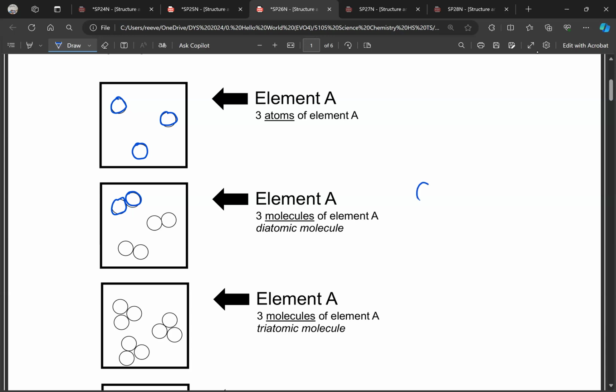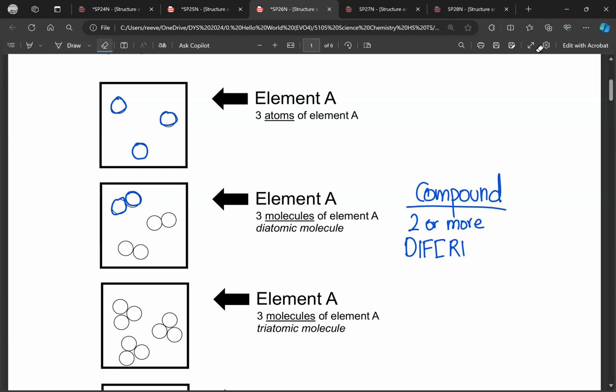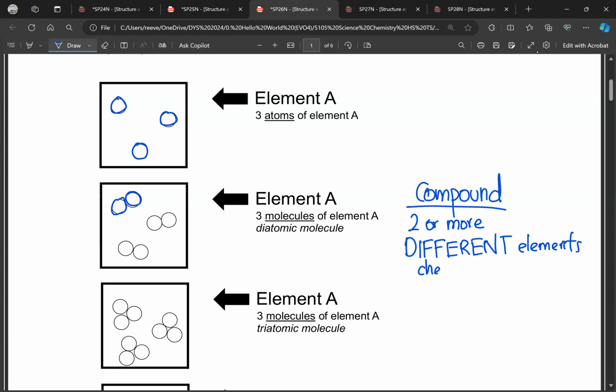Confused? Do you know what a compound is? This is not a compound. Compound is two or more different elements, double F in different. Two or more different elements chemically combined.